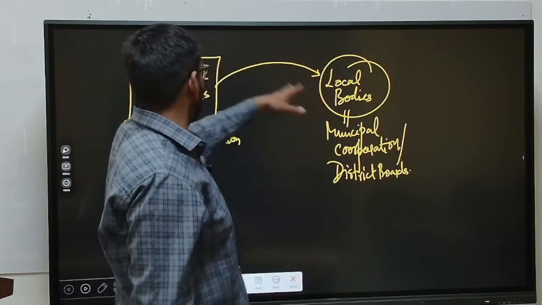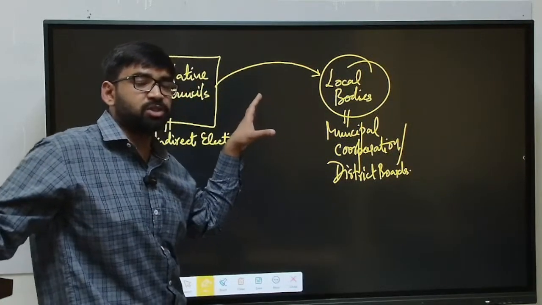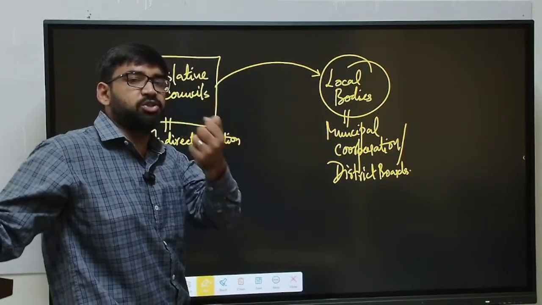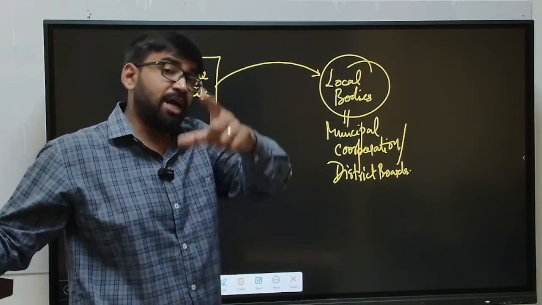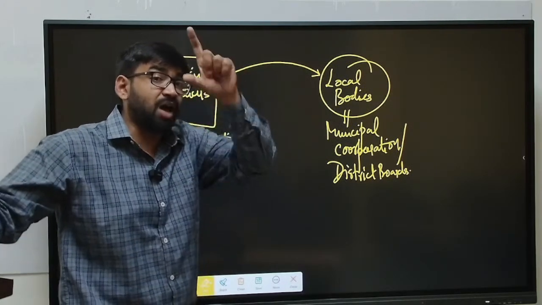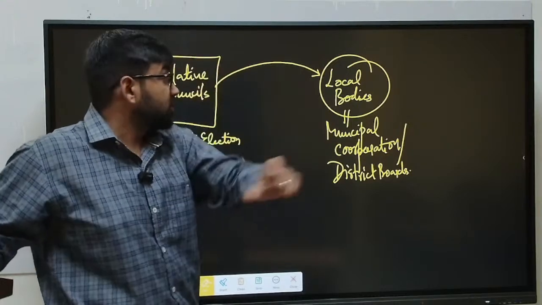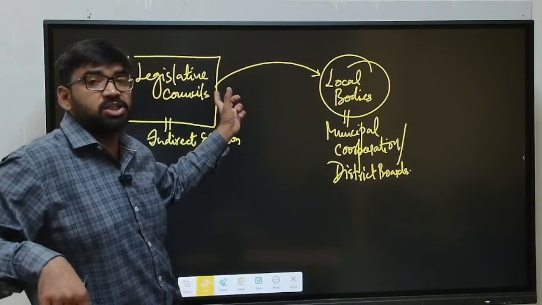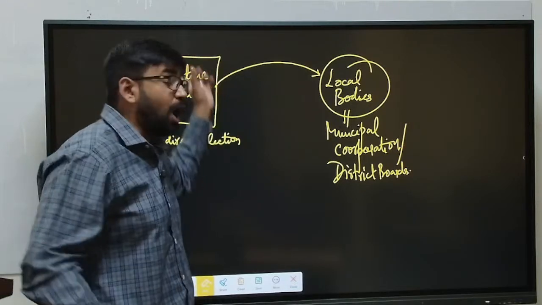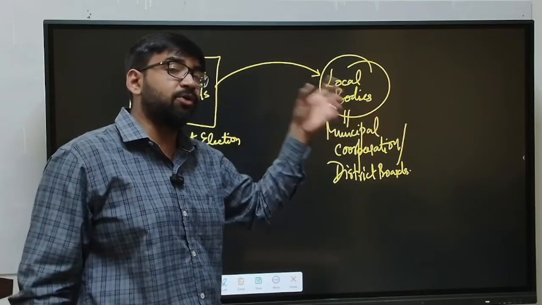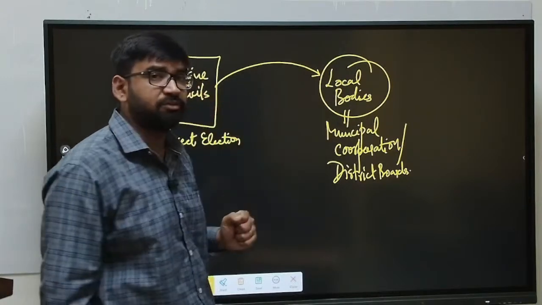Now, the members who were entering into the legislative councils had nationalistic feelings. So, to curb the nationalism, Lord Curzon would try to curb the entry of Indians into legislative councils. And how can Lord Curzon curb the entry of Indians in legislative councils?